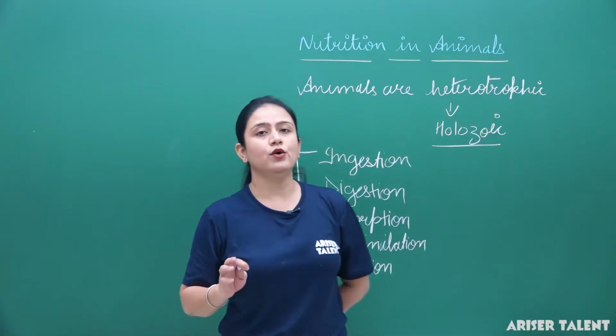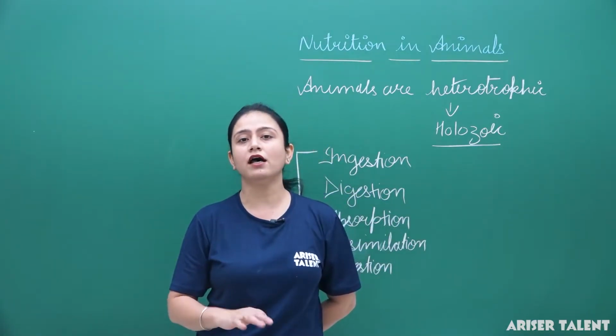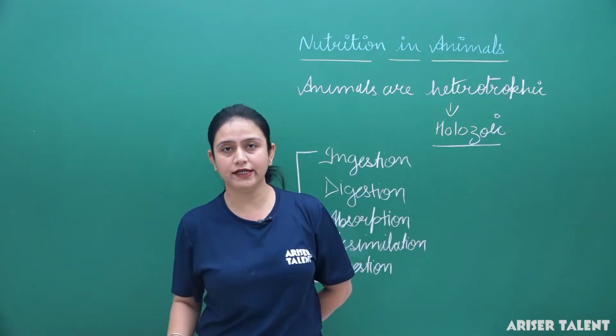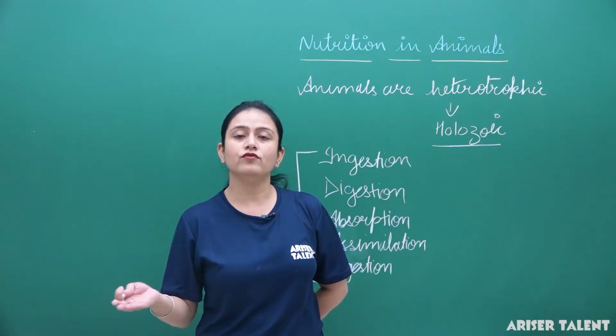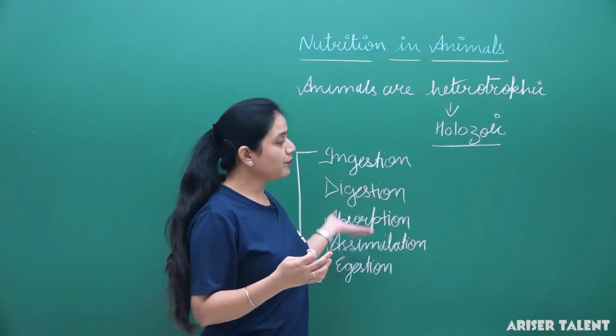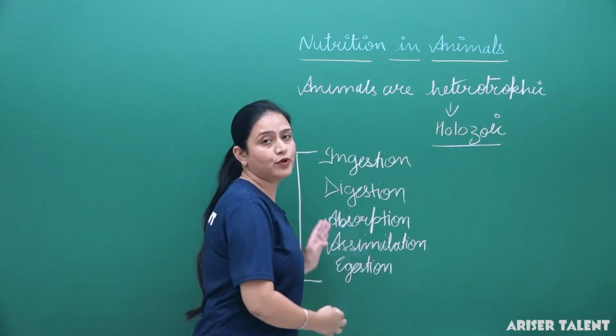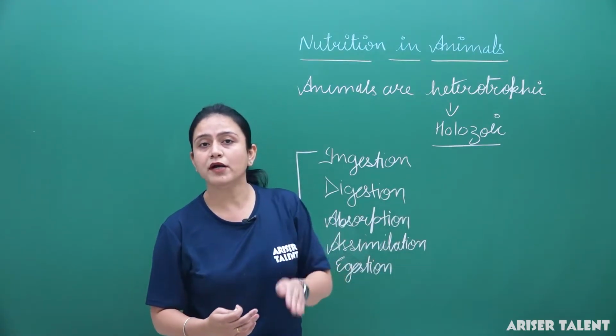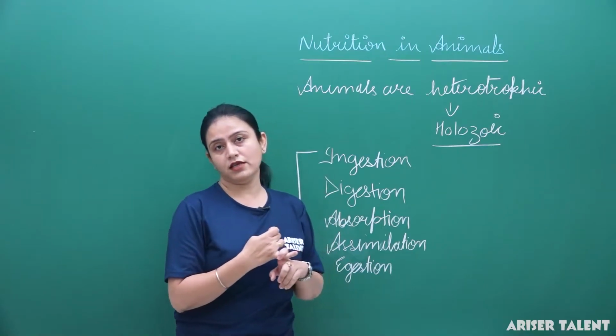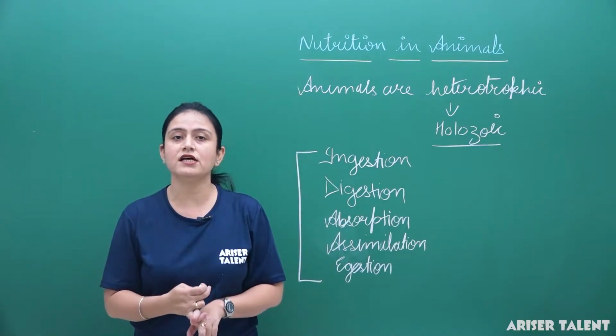Now, as I told you, animals are generally unicellular or multicellular, so they show different kinds of nutrition. Generally they follow the same process, whether unicellular or multicellular. But if we talk about a unicellular organism, what happens?